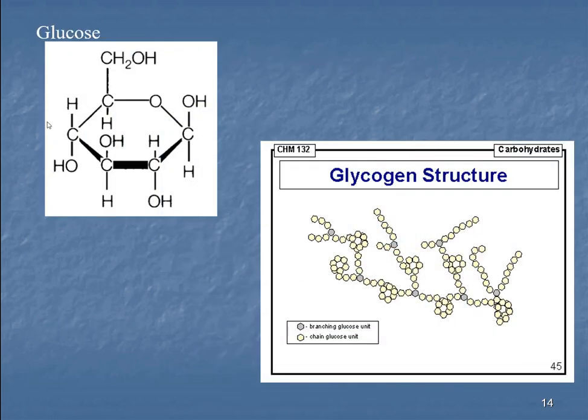All right, looking at more structures, here's the structure of glucose, which is a monosaccharide, and here's glycogen. Each one of these little round circles is a glucose molecule, and so like I was saying, glycogen is just a long chain of glucose. This is how we store carbohydrate in the body.